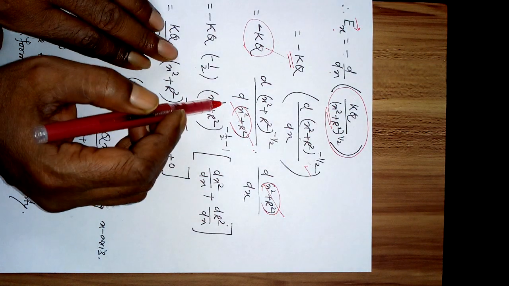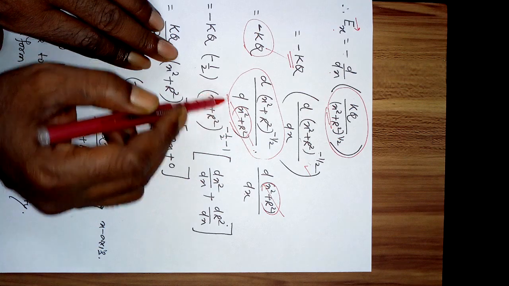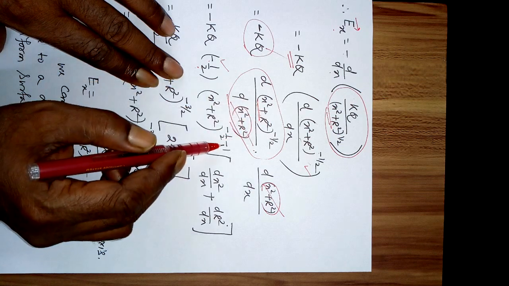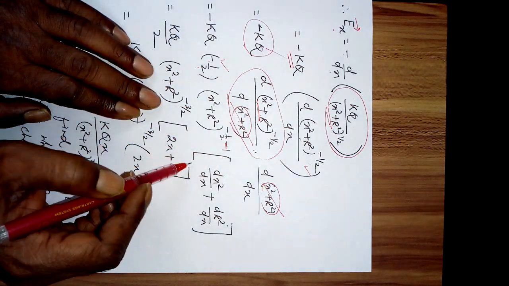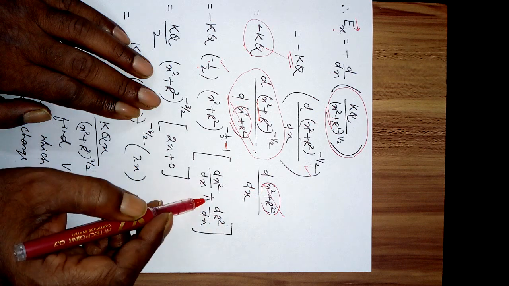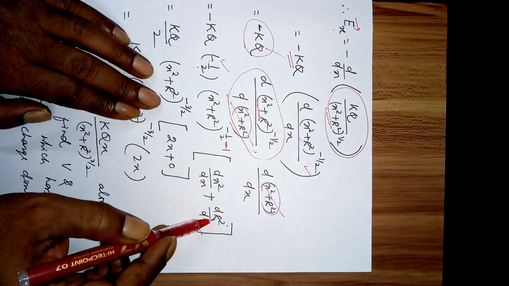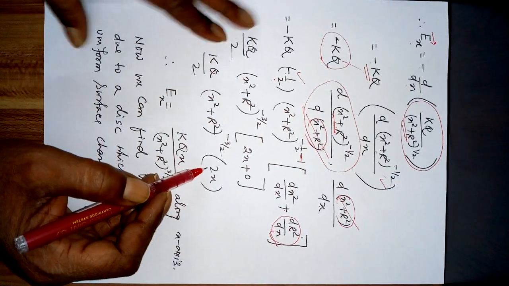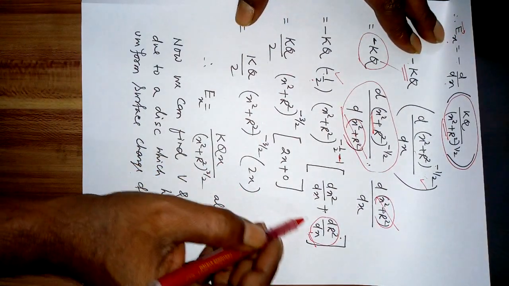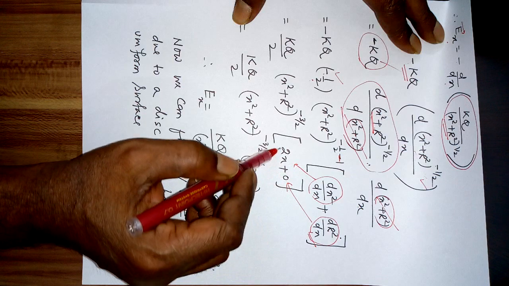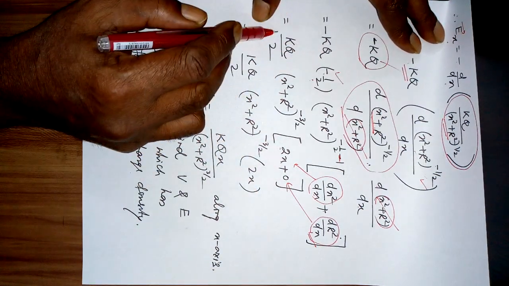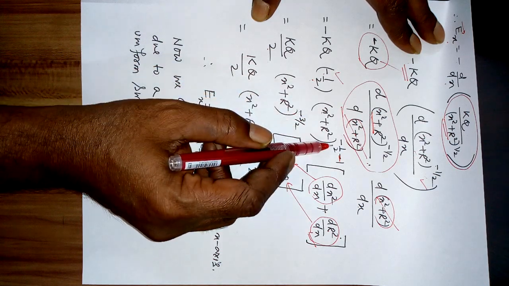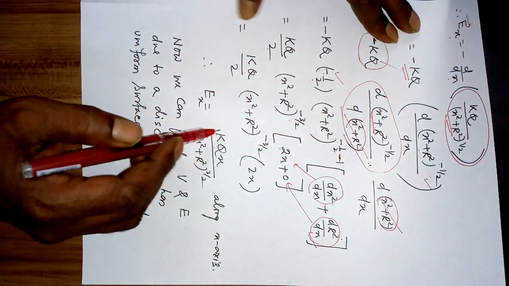By doing so, this comes under a formula. This minus 1 by 2 is taken out and its power is reduced by 1, and then the whole thing into the derivative of x square plus r square with respect to dx. This r is a constant, so this part is 0, and this becomes 2 times x. So minus minus becomes plus, kq over 2, x square plus r square to the power minus 3 over 2, and I am left with 2x here.